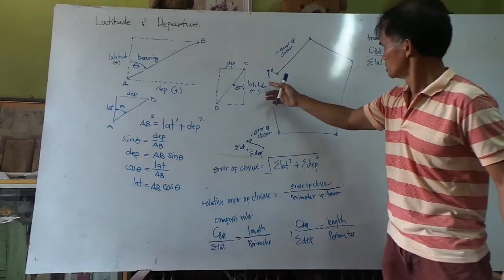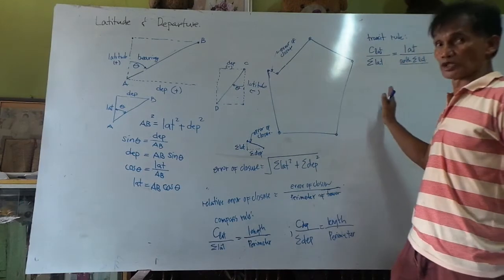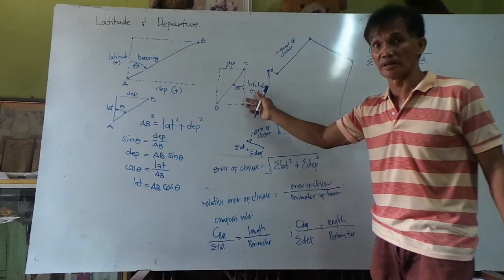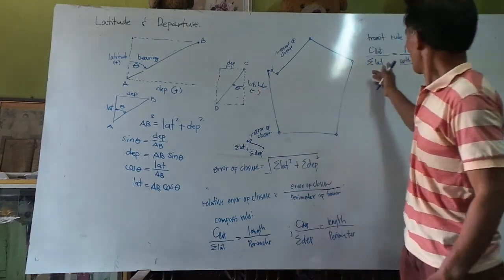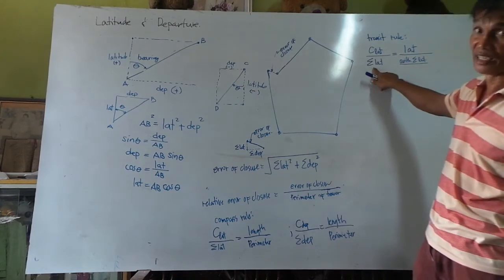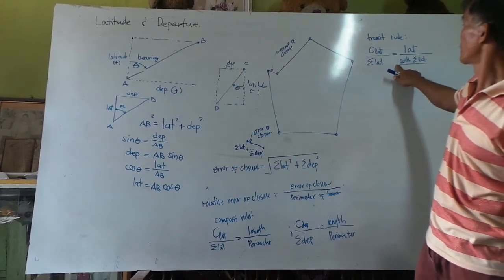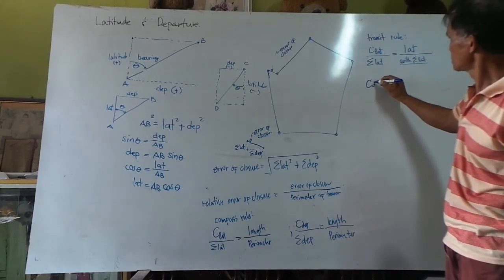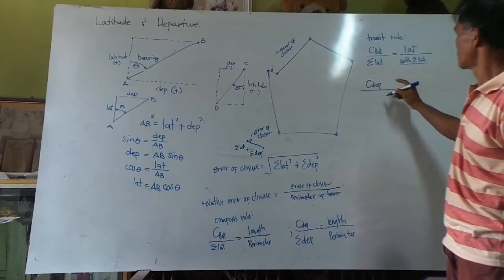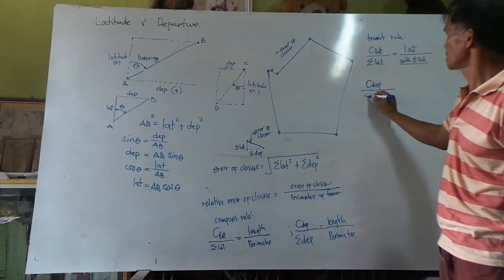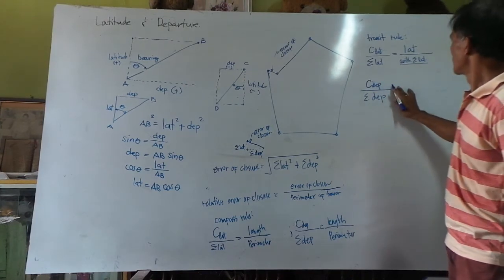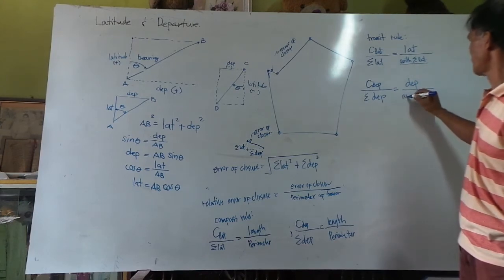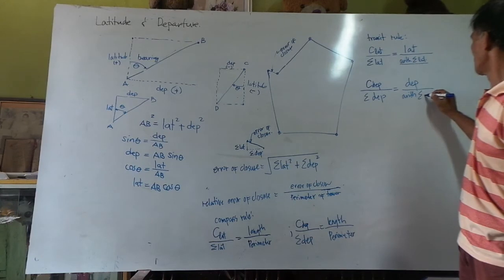Even if the latitude is negative, you add it anyway. In the arithmetical sum, the negative sign doesn't matter. This is different from the algebraic summation, where the sign is considered; here the sign is not considered. In the same manner for departure, the correction to be applied is equal to the total departure correction as the departure of that particular line is to the arithmetic summation of the departure.